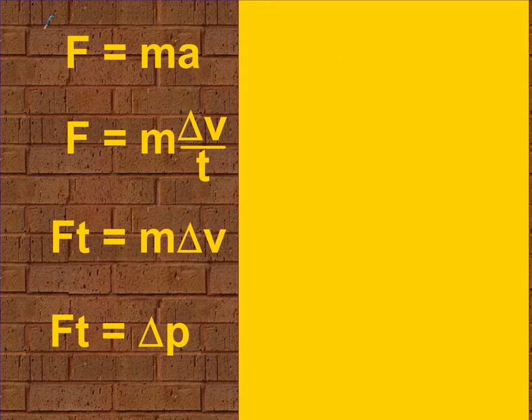Let's go back to the original Newton's second law, F equals ma. Now, we know acceleration is change in velocity divided by time. So suppose I take that and plug it in for my a.